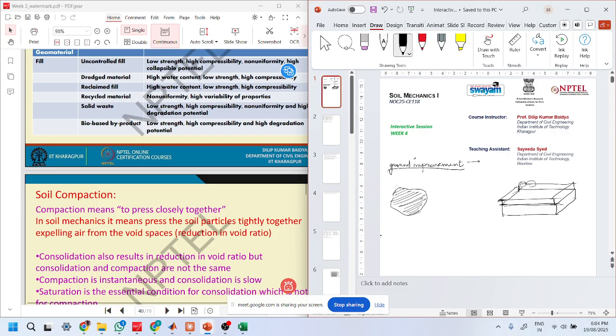First of all, we had talked about relative density. If I have a soil deposit that inherently has a void ratio between e minimum and e max, the natural state of the soil is somewhere there.